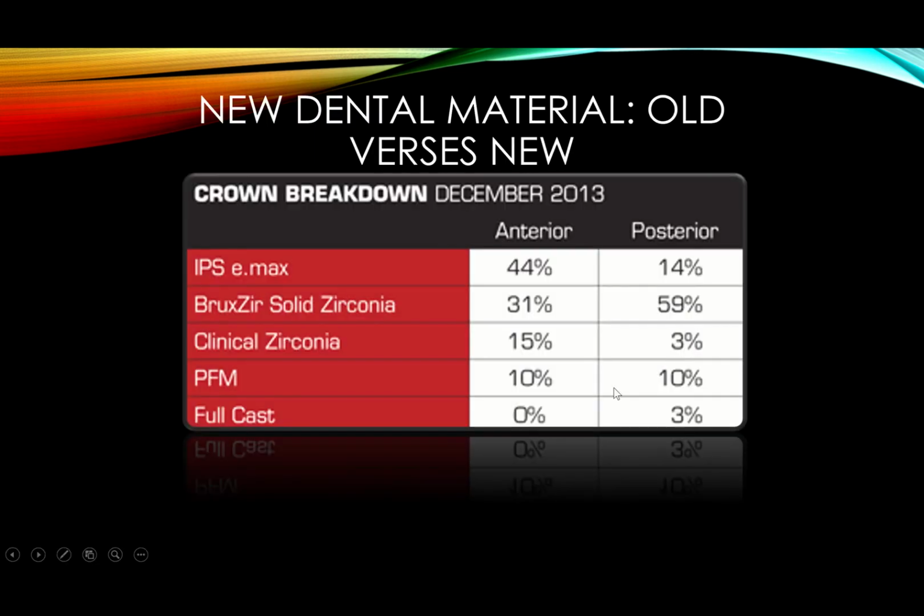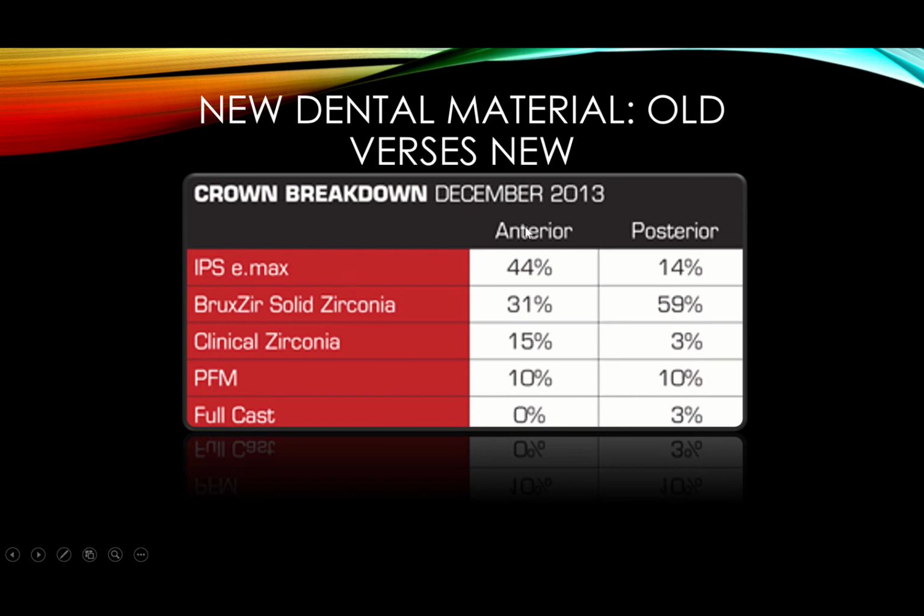First of all, this is from Glidewell, 2013. Crowns breakdown in December 2013. They did this chart to see what breaks down, why, what's going on. And I find it very, very surprising, because you look at IPS e.max, they mean lithium disilicate. They're still using e.max for lithium disilicate.